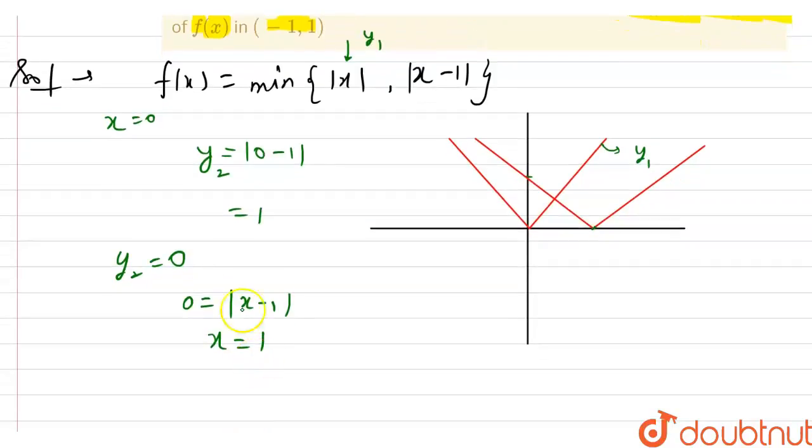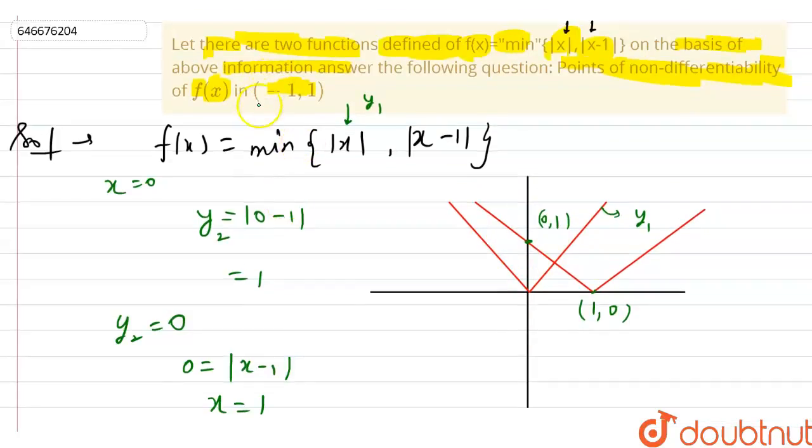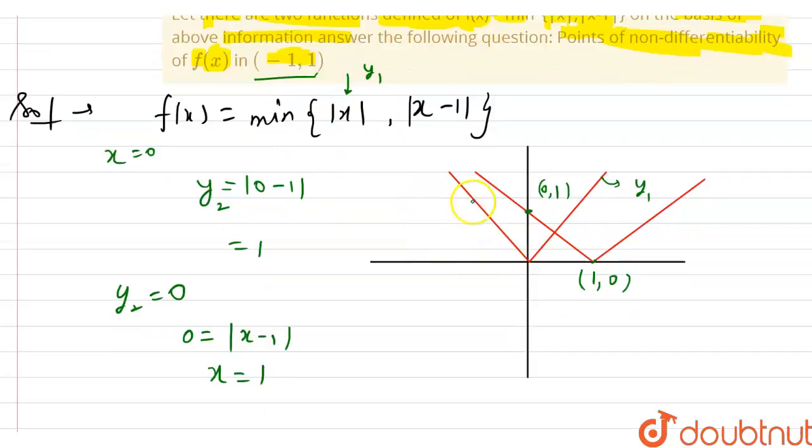So from here we can clearly say that this point is (1, 0), and this point is (0, 1). Here we have to check for the interval -1 to 1. So this is 1, and the -1 should be something over here, (-1, 0).